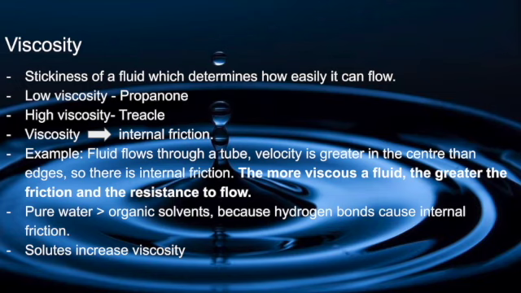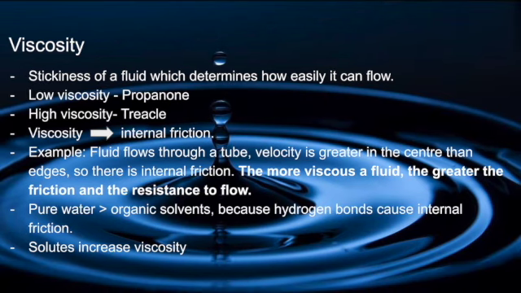Because it flows much easier than honey. So water is less viscous than honey. Something that increases viscosity is solutes. So if water is dissolved with salt, it's gonna become somewhat thicker than pure water.